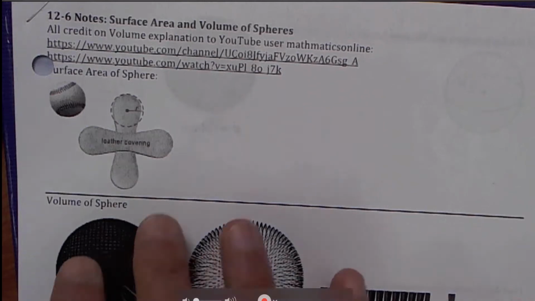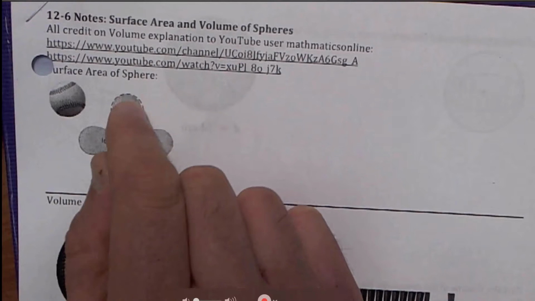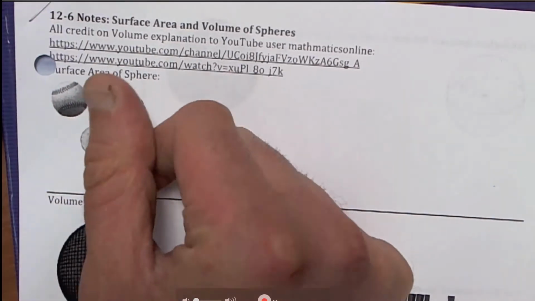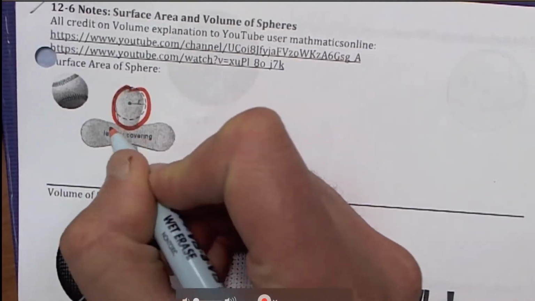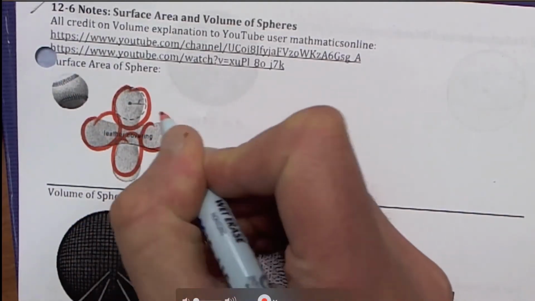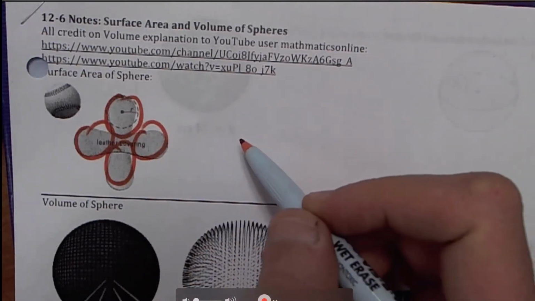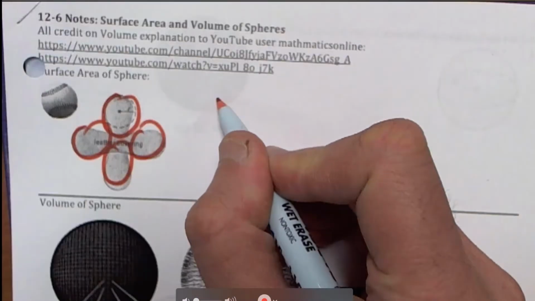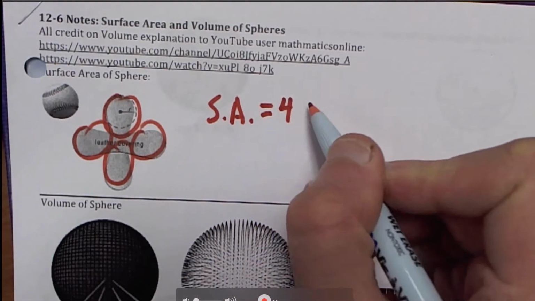Surface area, the outside of the sphere, this is not a proof at all, but if you think about a baseball and you unwrap it, what you see is we pretty much have 1, 2, 3, 4 circles. And so the surface area of a sphere is basically just equal to 4 of these circle areas.